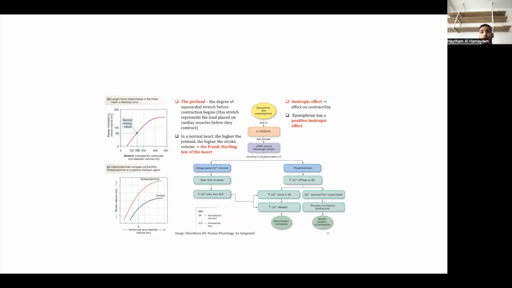And if there's more stretch, then there's an increased force of the heart, causing it to increase the stroke volume. So always remember that the more the heart is stretched in the initial process, the better it will be at creating more force and more blood. That's what he said.